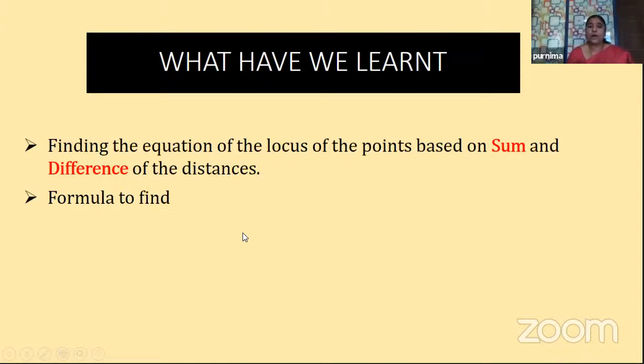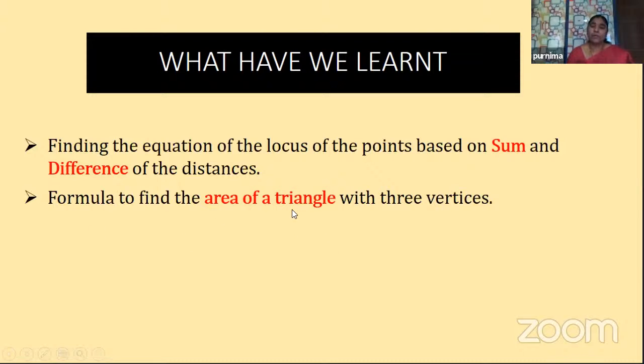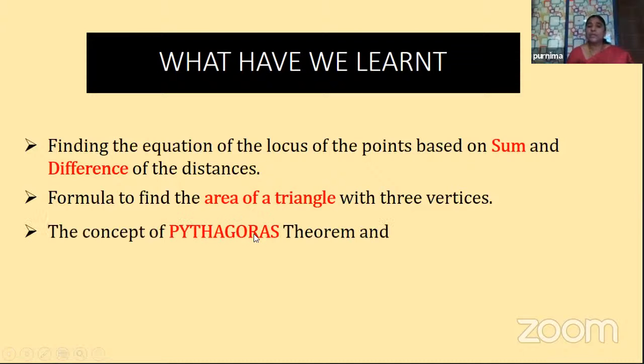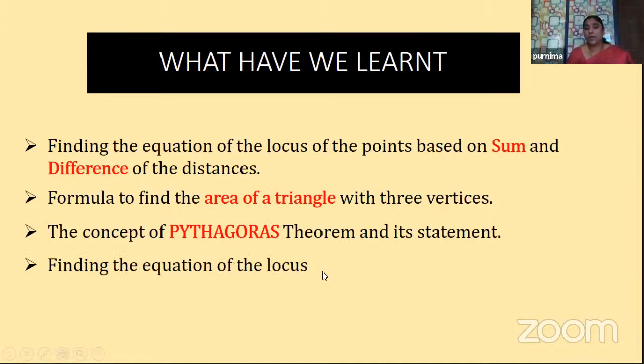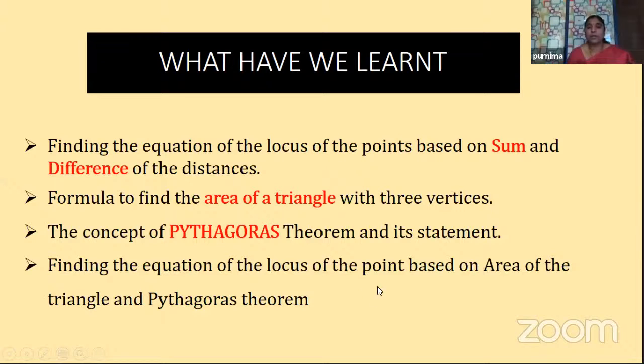Second one is the formula to find the area of a triangle with 3 vertices. And here the sums on the triangle also we have done. Next one is the concept of Pythagoras theorem and its statement. And the next one is finding the equation of locus of the point based on area of the triangle and Pythagoras theorem.